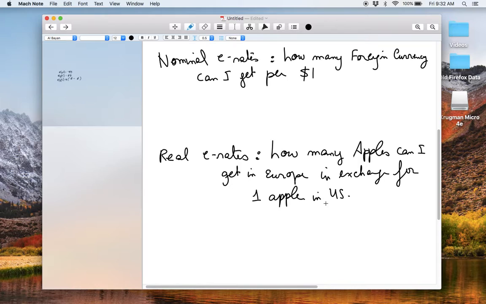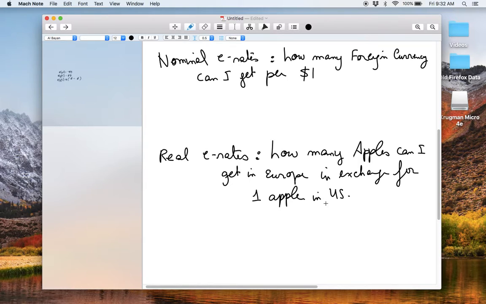Okay, and again, this is consistent with what we said with nominal and real GDP. Nominal did not take into account inflation, real GDP took into account, it corrected for the effect of inflation.